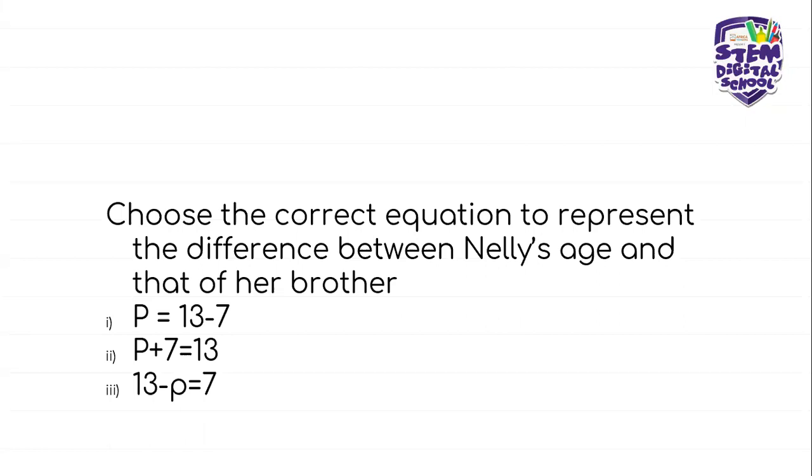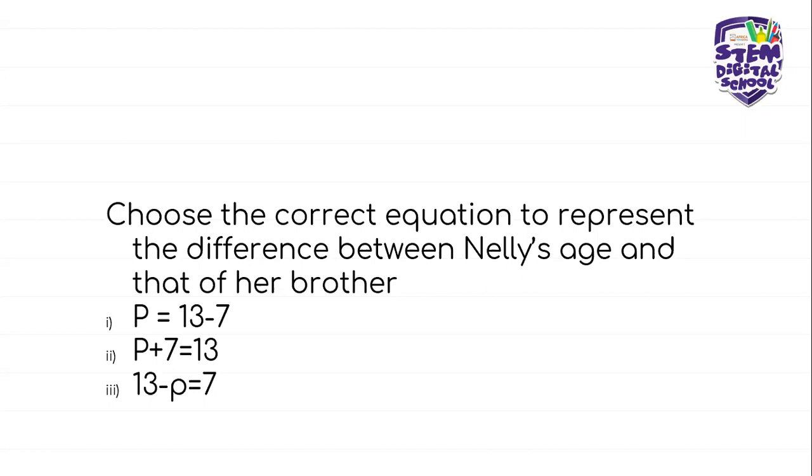So 13 minus 7, that is the brother's age. The other one says P plus 7 is equal to 13. And then the last one says 13 minus P is equal to 7. And of course, we have those three.